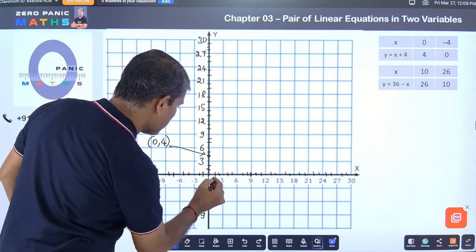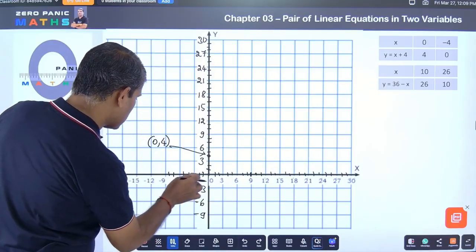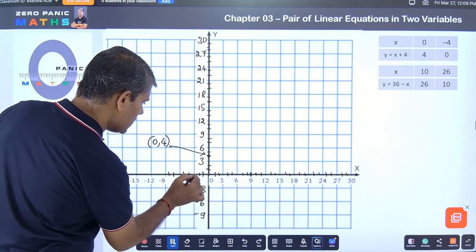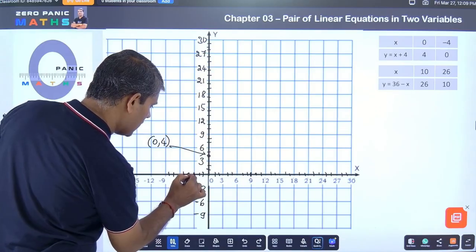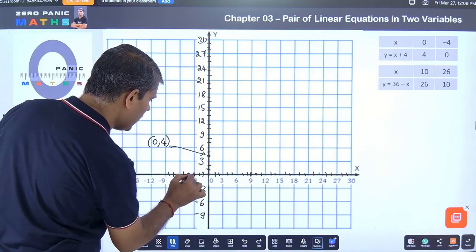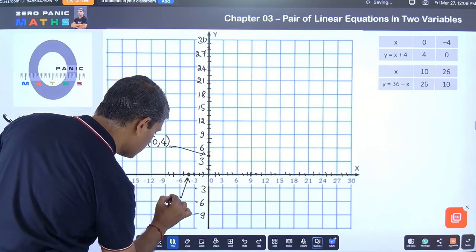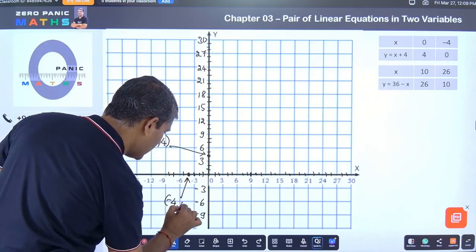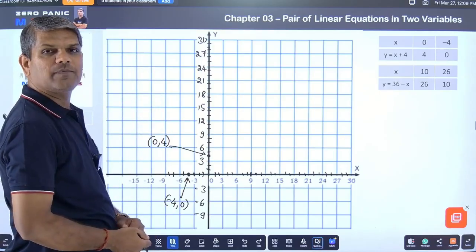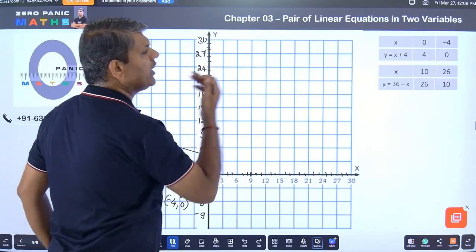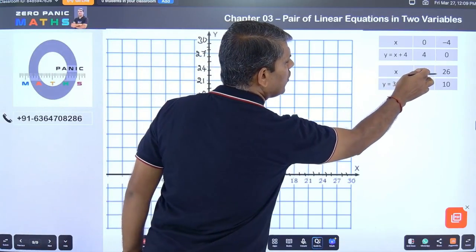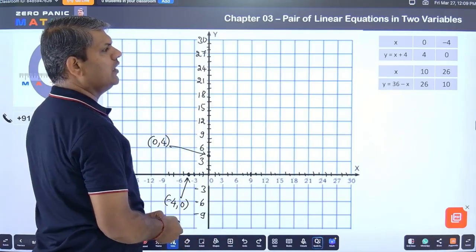So where is my -4 x coordinate? It is -4. This is -3 and this is -4. And y is 0 only. Since y is 0, this is that point which actually gets me -4 and 0.